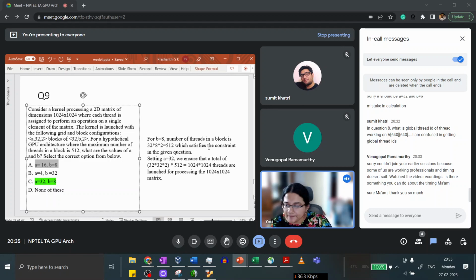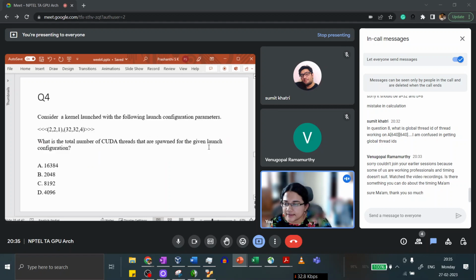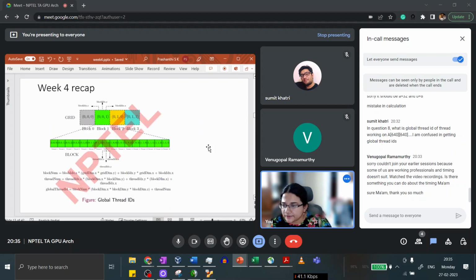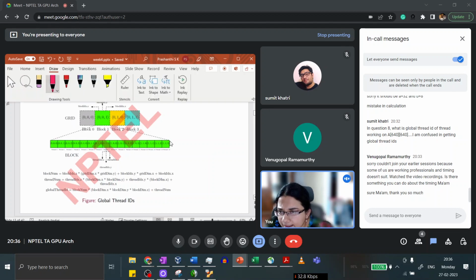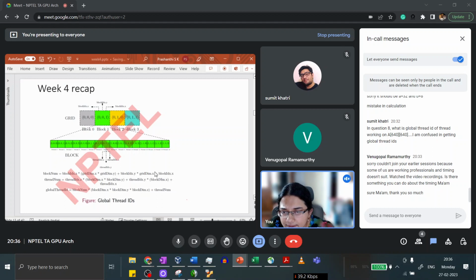Okay, I'm assuming this one is clear since we solved plenty of questions that were similar. Right. So this slide I think has the global thread ID calculations. So let's look at it once, right? Let's take an example and maybe try going through these equations, and then that will help.